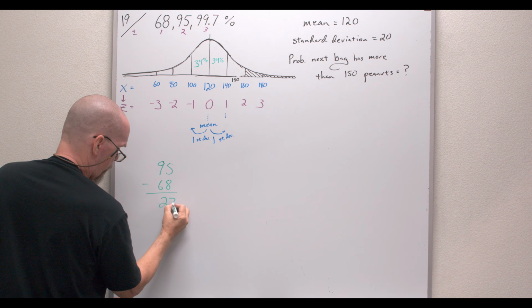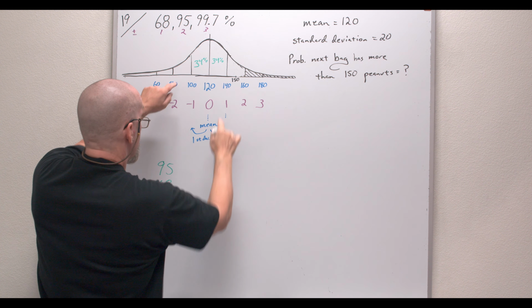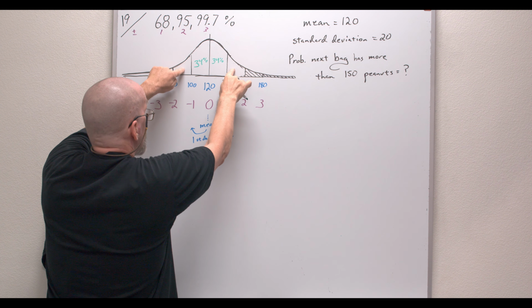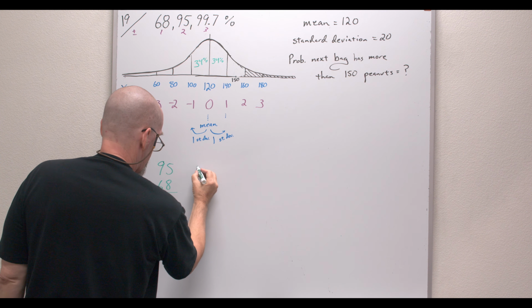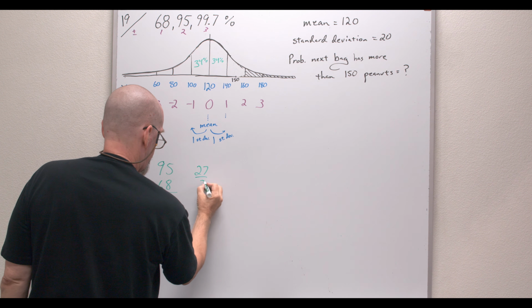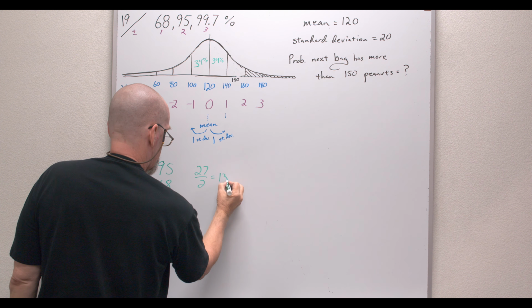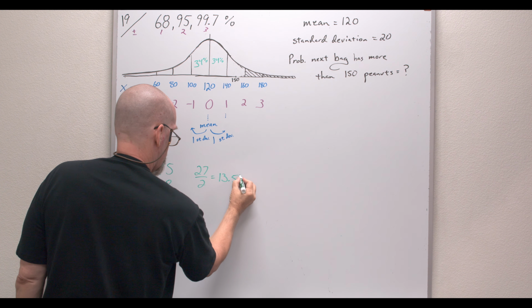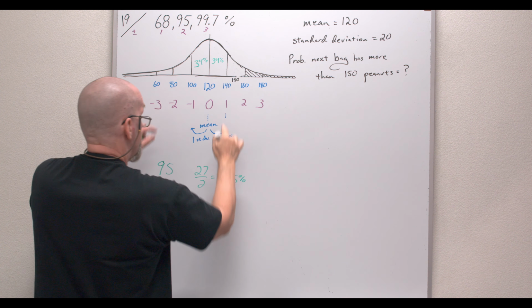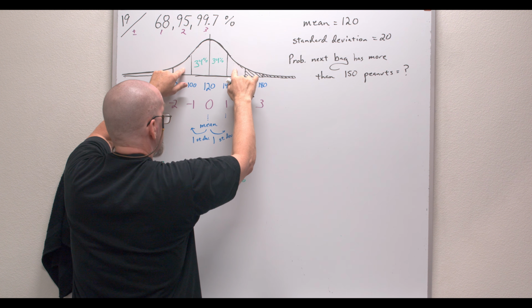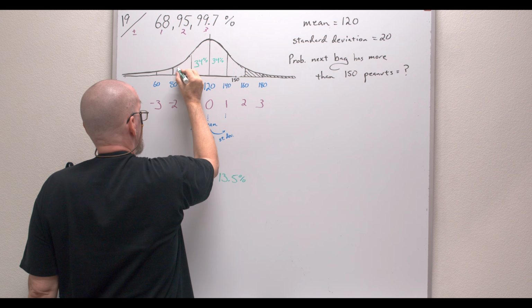That equals 27. We have to have a total of 27% in these two, which means that we want to take half of that. And we should have 13.5% in each one of these regions. I'm going to put down a 13.5.